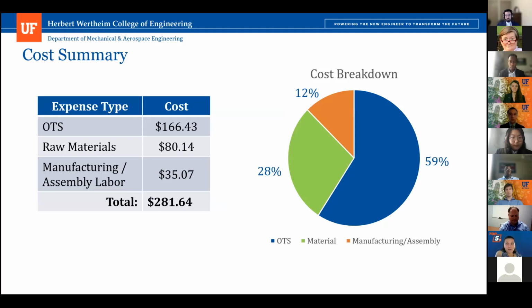Wow. Okay. So obviously, if I'm the customer, if I'm the investor, I'm going to be like, no, that's way out of budget. So if you had to figure out a way to reduce costs, where would you try to reduce some of your costs? Yeah, we talked about this a little bit as a team.